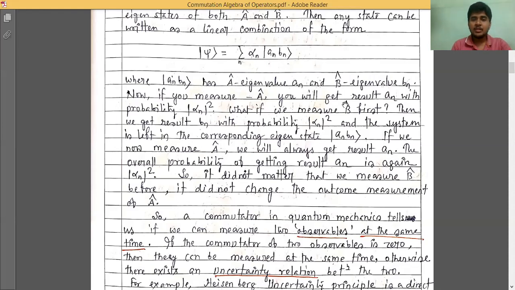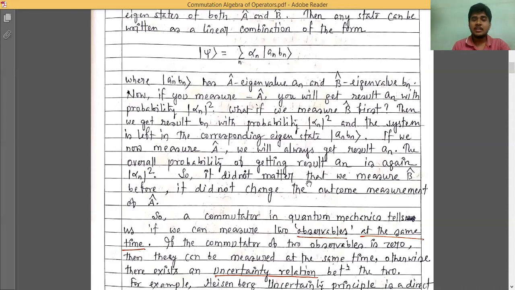Now after the measurement of B, measure A. If we now measure A, we will always get the result An, and the overall probability of getting the result An is again alpha n squared. So the probability remains the same.